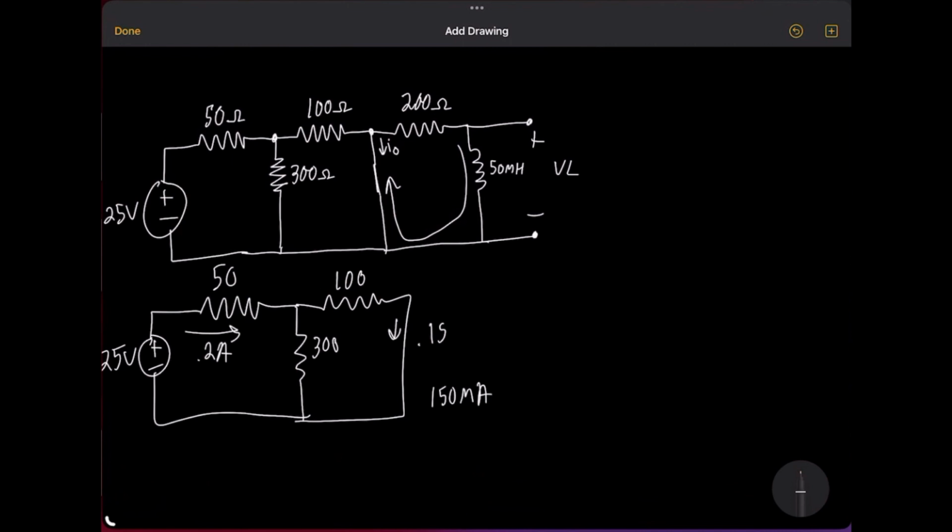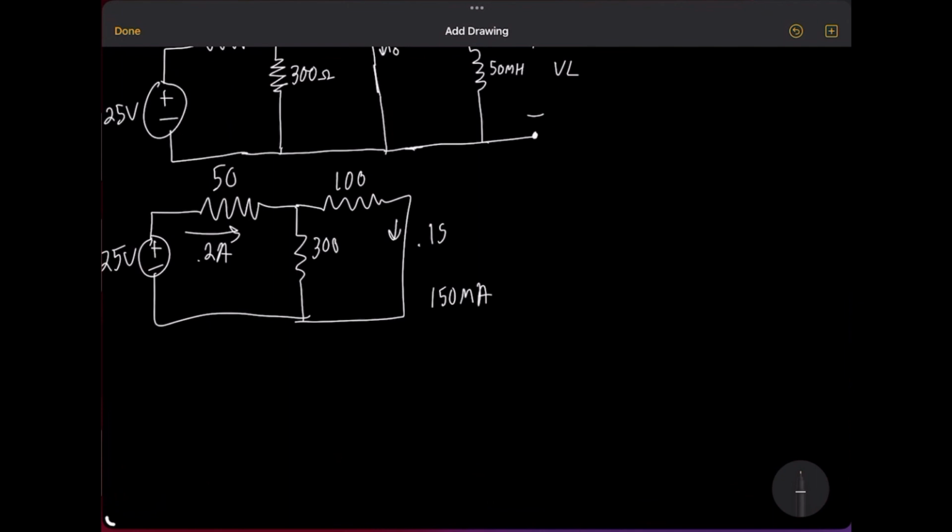Actually, let me do it more visually like this. This will be better. So since we know that this 100 ohm down here, let's do it here. This arrow is 150, right? Milliamps, as I had just found.